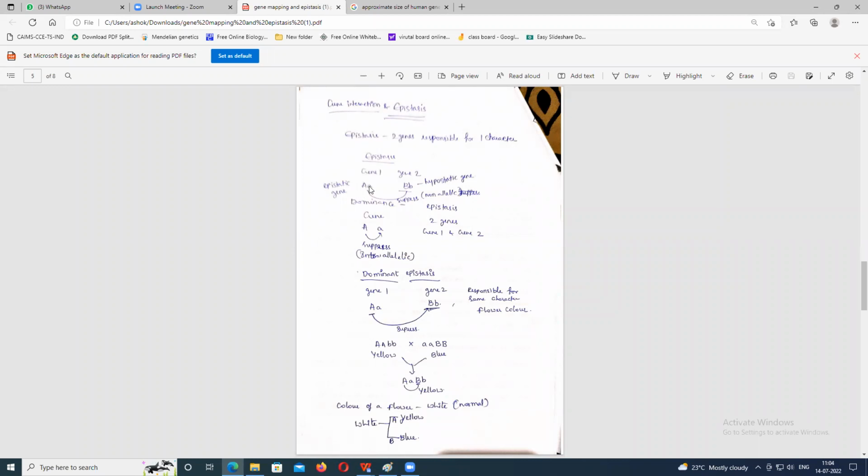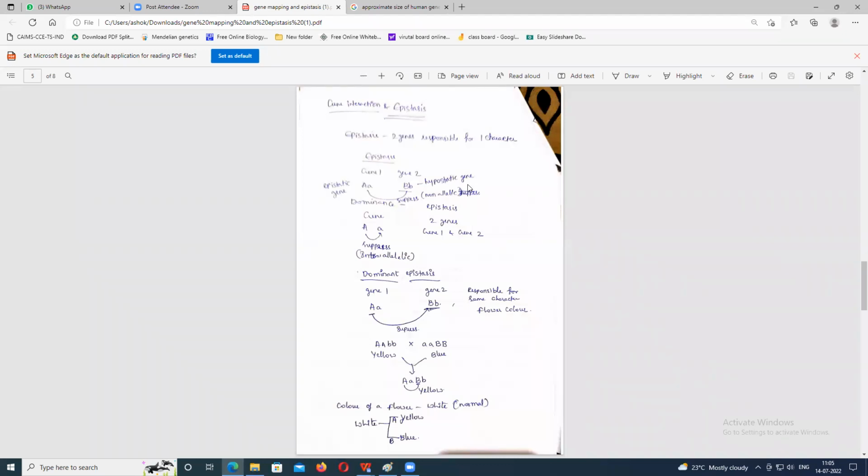This gene is suppressing the expression of the other. The gene which is dominant is called the epistatic gene, and the gene which is recessive is called the hypostatic gene. This terminology is important.